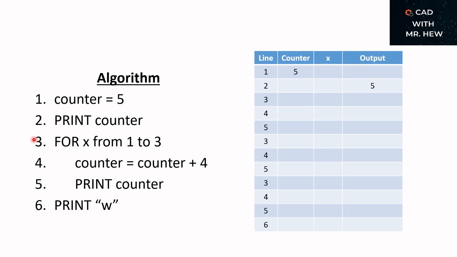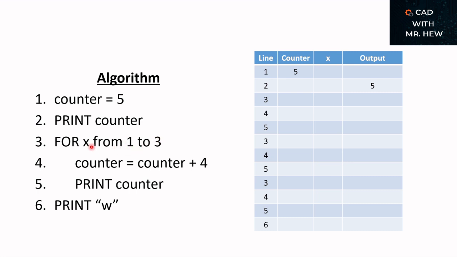All right, for line 3 in our algorithm, X for the for loop is going to loop around 3 times, and the variable X will count the number of passes, or the amount of times that we go through the loop, right?